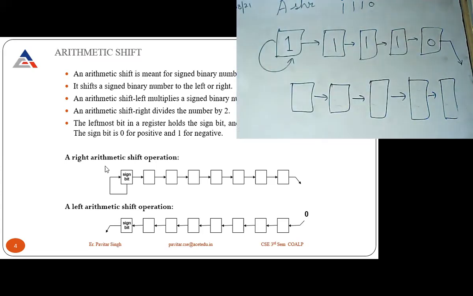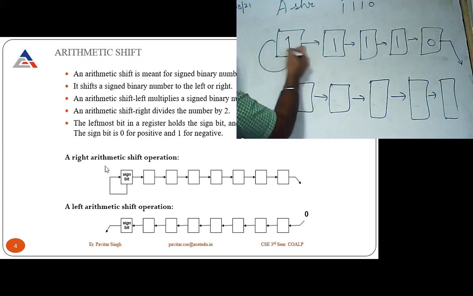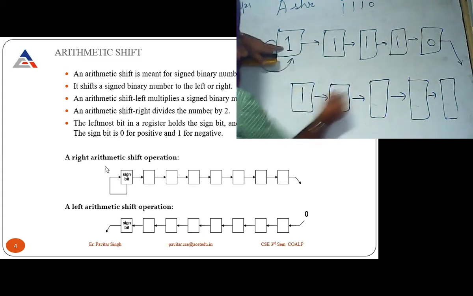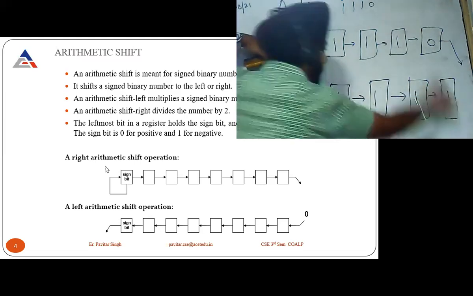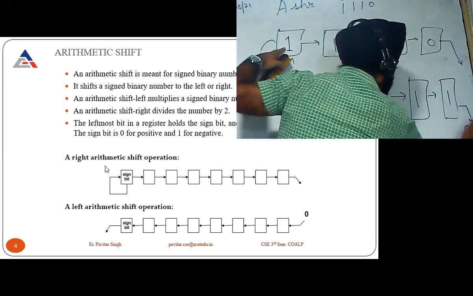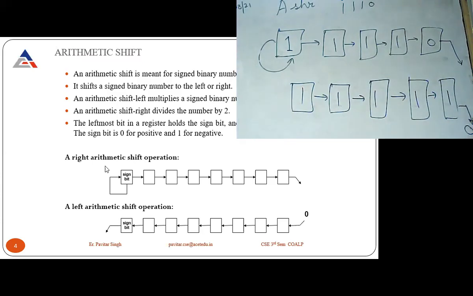So this is your minus 14 representation in binary. After performing the shift, this 1 will be taking the place of 1, and it will be moved to the next position. So what will be your answer? 1 1 1 1 1, and the last 0 will be dropped, right?